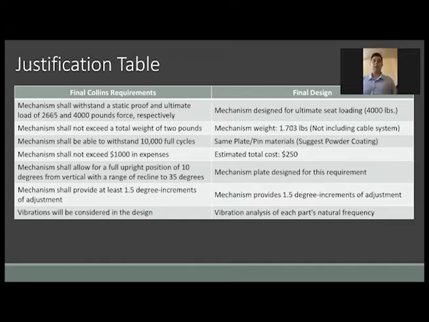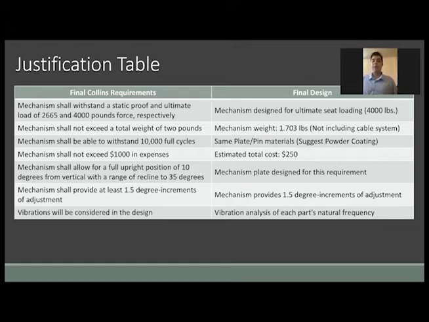For the 10,000 full life cycles, we use the same plate and pin materials, as well as a suggested powder coating to reduce the wear on that. Besides that, we had an estimated cost of $250, which is considerably less than the $1,000 that we were originally going for. The mechanism was also designed for the requirement of being able to go from 10 to 35 degrees from vertical position.